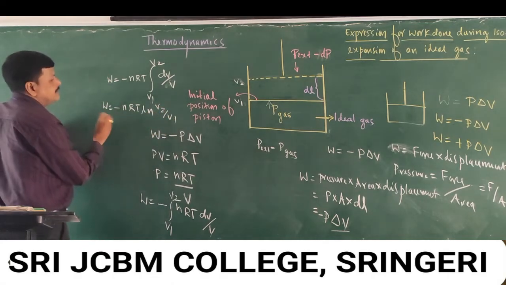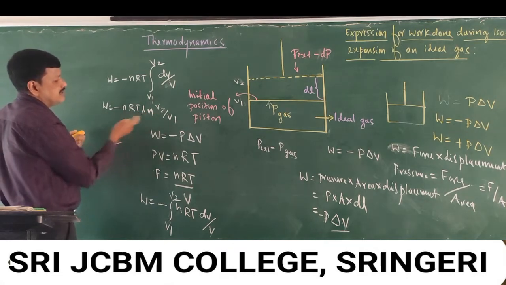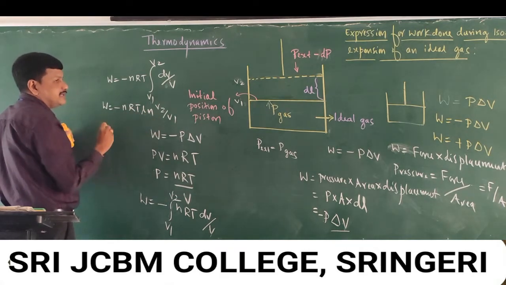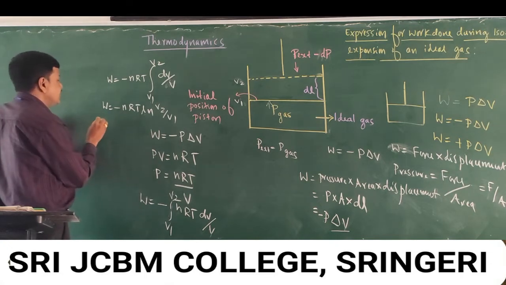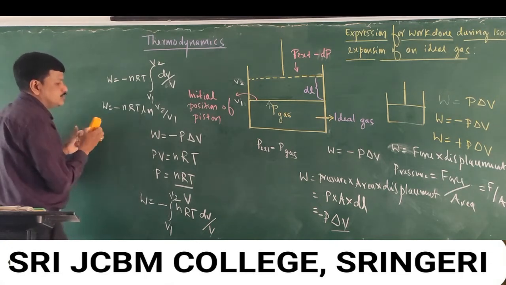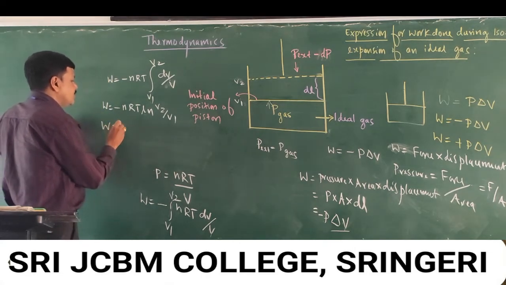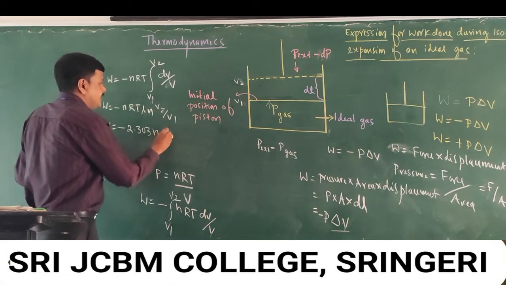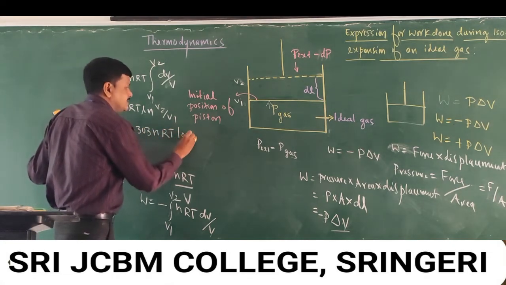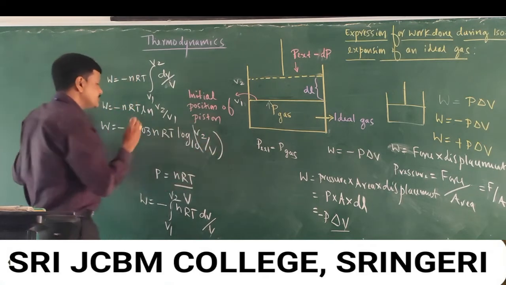Here ln means log to the base e, which is converted into log to the base 10 by multiplying by 2.303. Therefore W is equal to minus 2.303 nRT log to the base 10 V2 by V1.